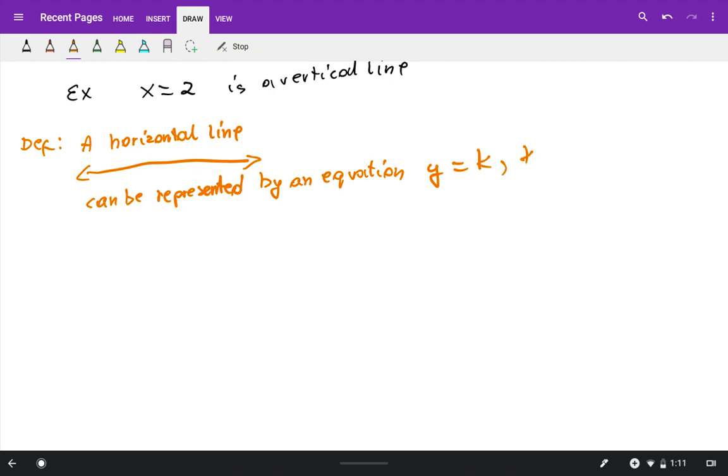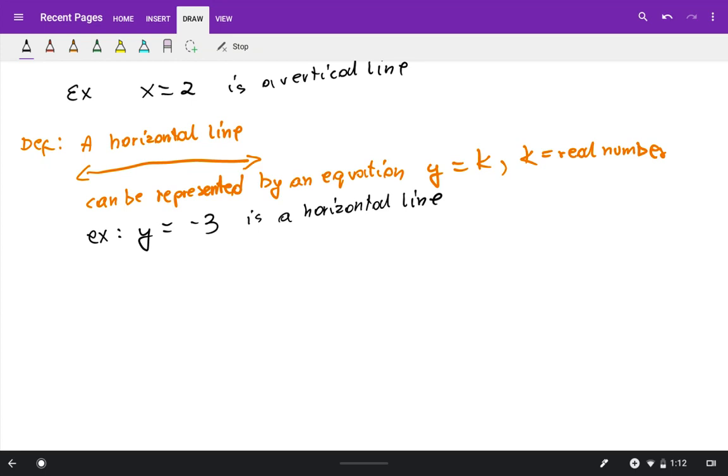The same idea, k is a real number. An example: y equals -3 is a horizontal line. So for a horizontal line, you have y equal to a real number. For a vertical line, you have x equal to a real number.